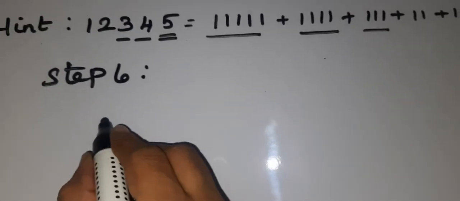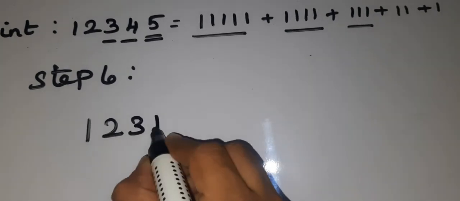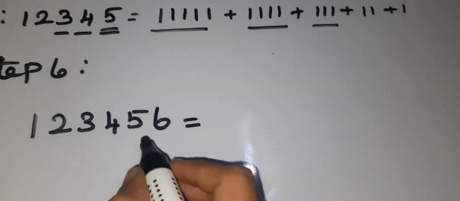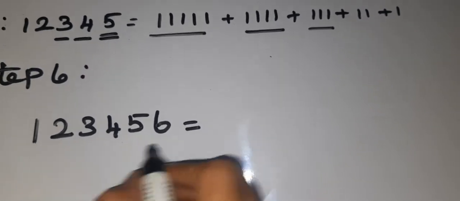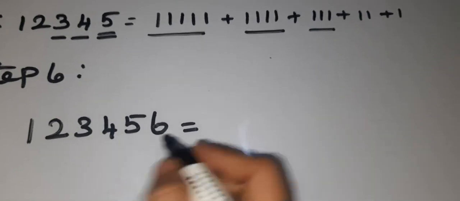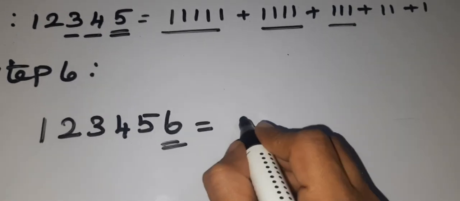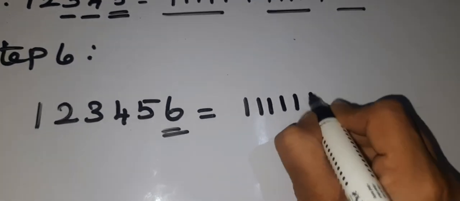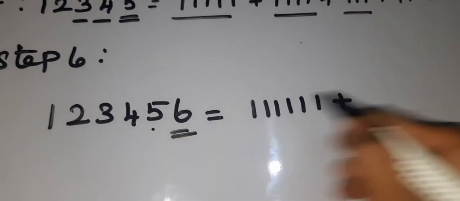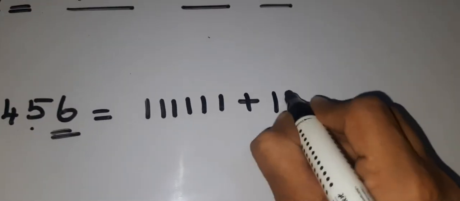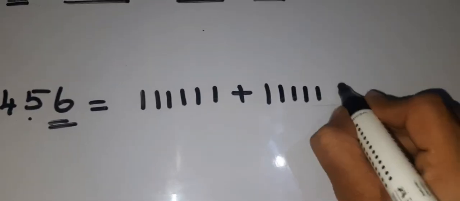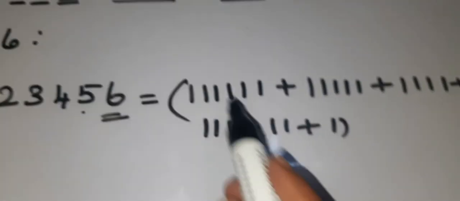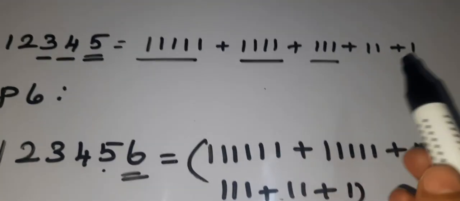Step 6 is 123456, and we are going to represent these numbers with 1: 6 times we represent 1, 1, 2, 3, 4, 5, 6. And 5 will be represented 5 times with 1, 3, 4, 5. Similarly for 4, 3, 2 and 1. So this is the hint given in the question.